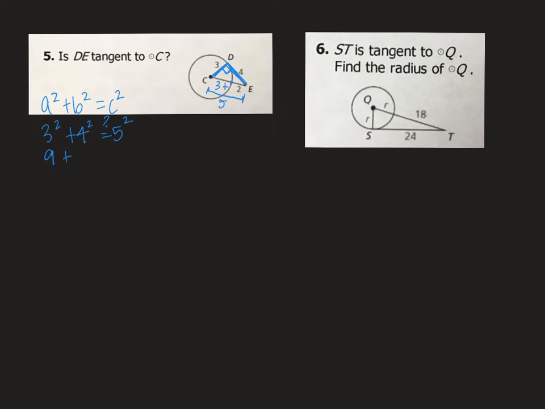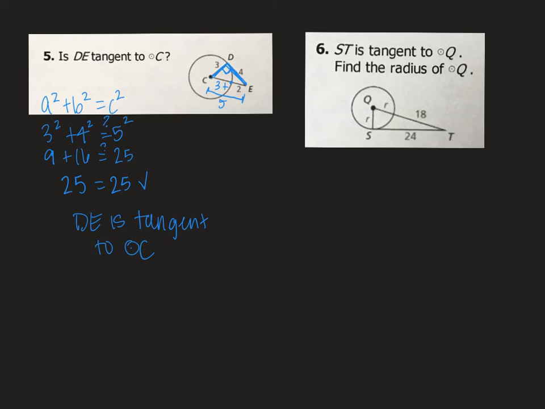So 9 plus 16, is that equal to 25? 9 plus 16 is 25. So the two sides are equal. So it's a right triangle, which means DE is tangent to circle C.